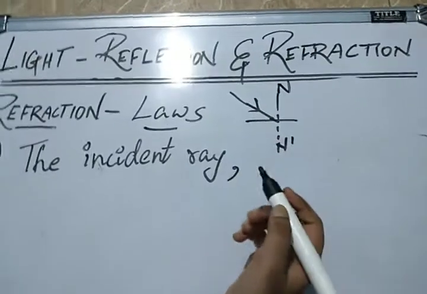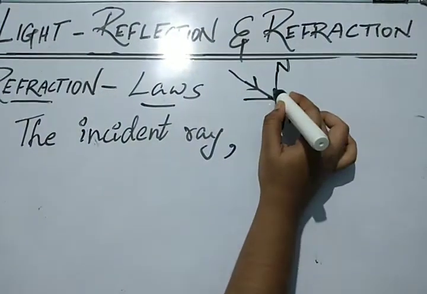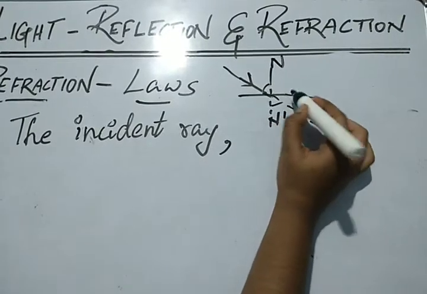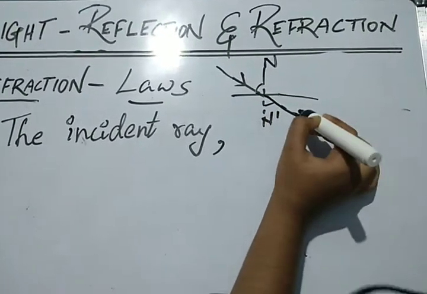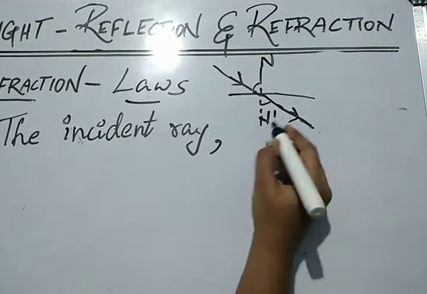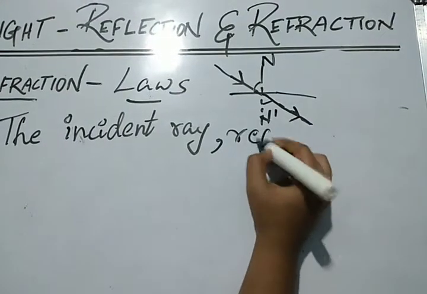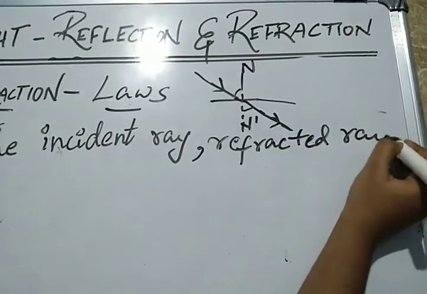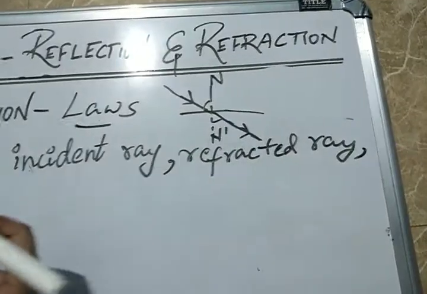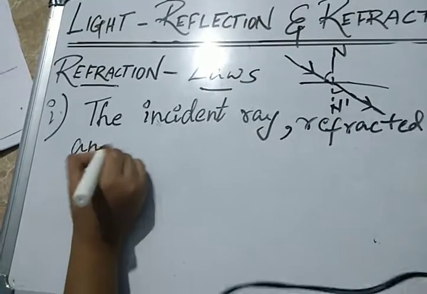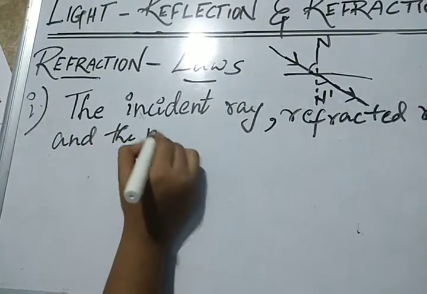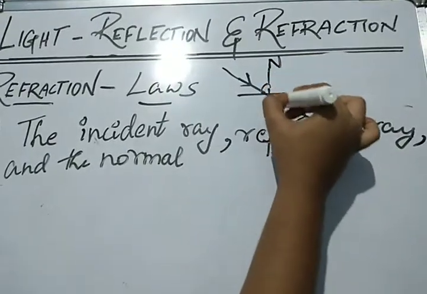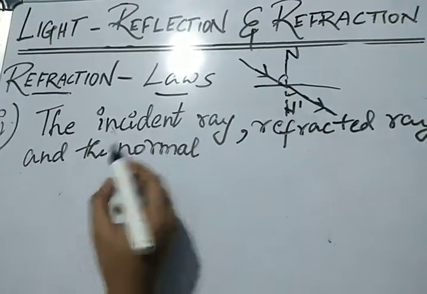Then the refracted ray, this is the refracted ray. Then the normal, this is the normal, the perpendicular line.